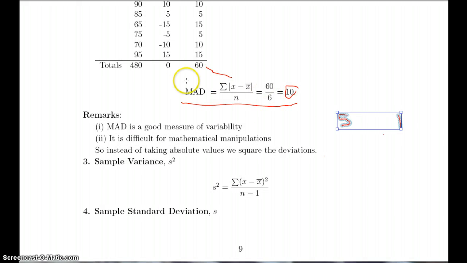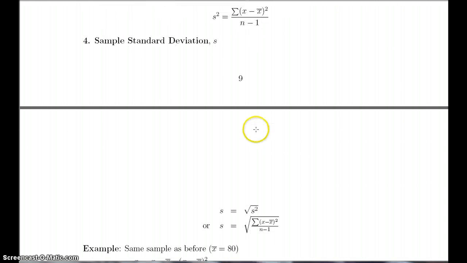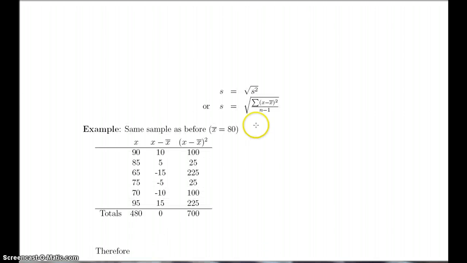Just before we move on, keep in mind that the mean absolute deviation is a very good measure of variability. It's equal to 10, but we don't like it because we're not going to be able to manipulate it to get our data summaries later.